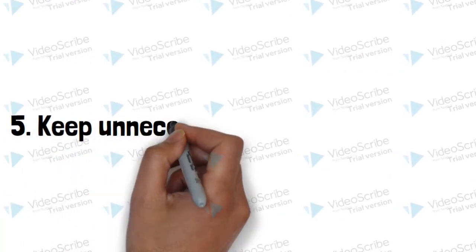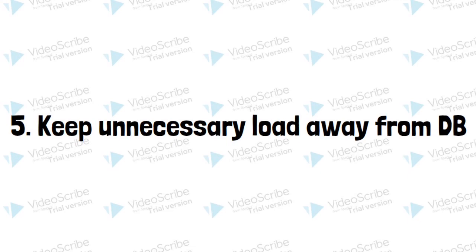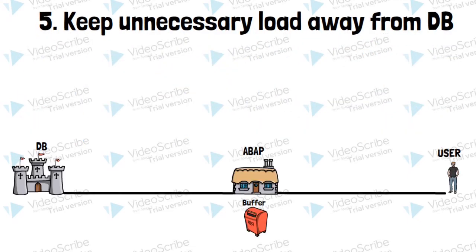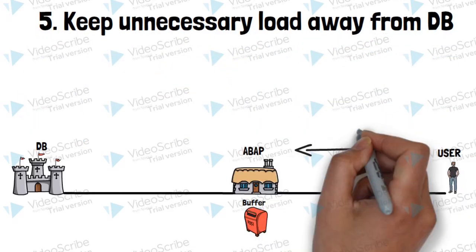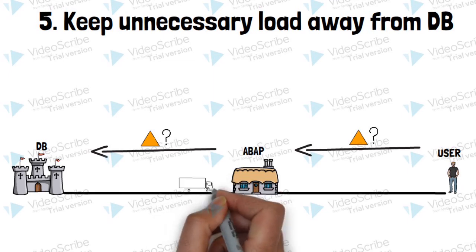The last but not the least, rule 5, keep unnecessary load away from database. As we already know, the developer liked to put select statements inside loops. Many of these selections were 100% identical to each other.